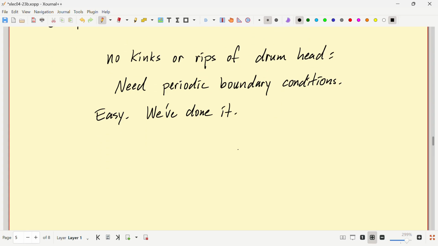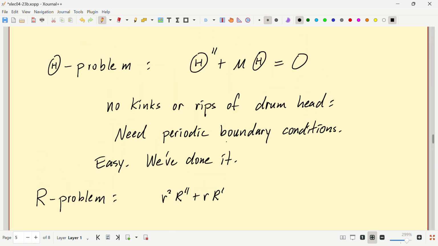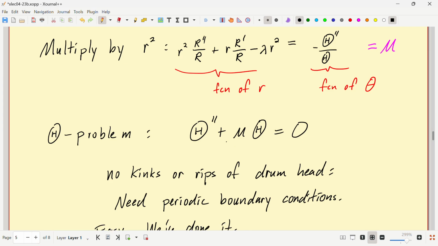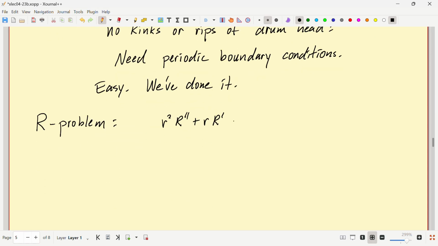And so now we're back to the R problem, which is going to be interesting. So what did I get here? The R problem is r squared R double prime plus r R prime minus (mu plus lambda r squared) times R equals 0.